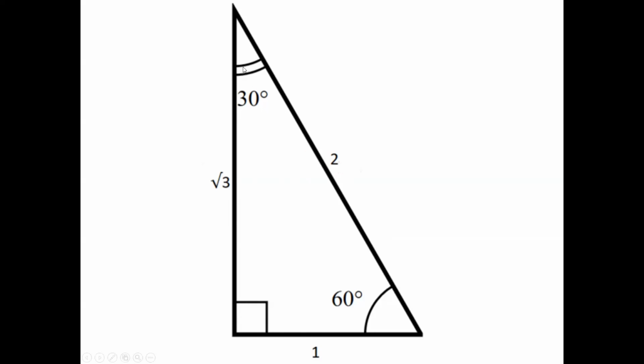Sine 30 degrees is opposite over hypotenuse, so sine 30 must be a half. Cos 30 is adjacent over hypotenuse, so that's root 3 over 2. And finally, tan 30 is opposite over adjacent. That's 1 divided by root 3. So in this situation, I actually know the true values.